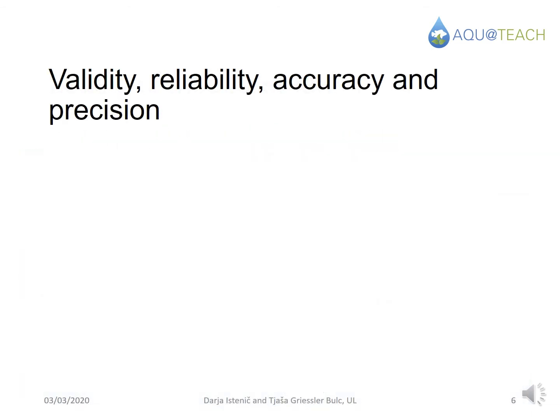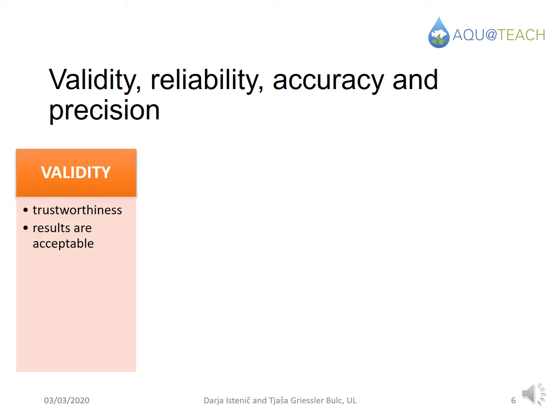Then we'll find out what is validity, reliability, accuracy, and precision. These are the four characteristics that are most wanted for scientific results. Validity is trustworthiness. Valid results are acceptable by research fellows.